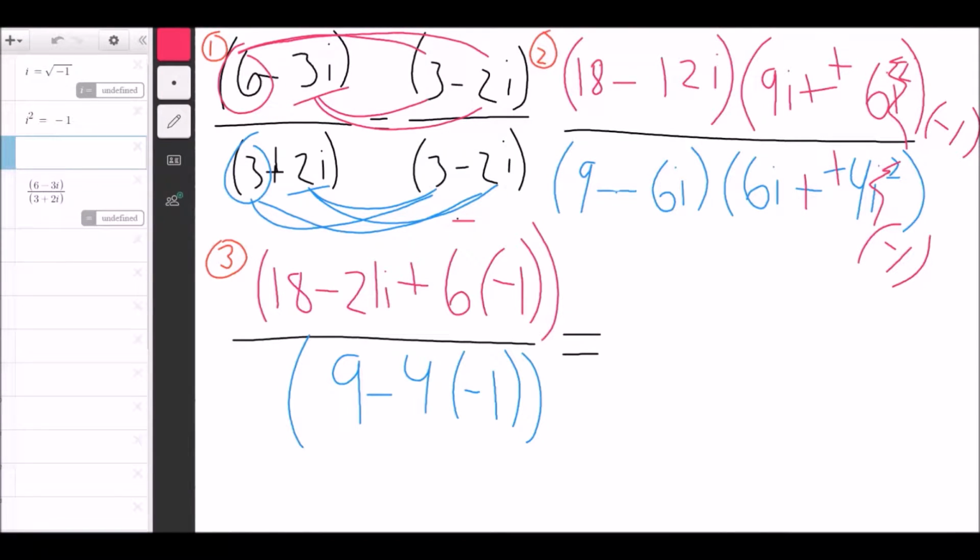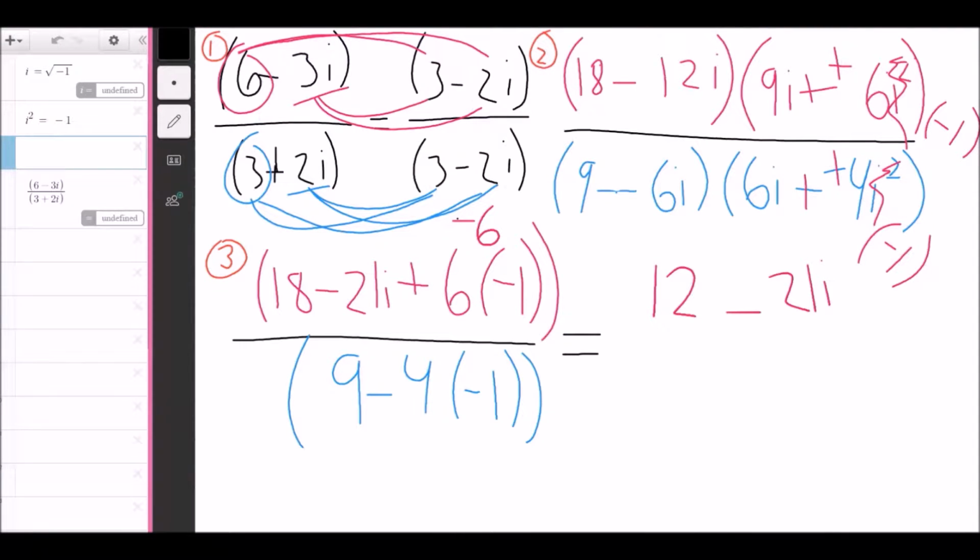Okay, so now we're going to continue simplifying and combining like terms. 6 times -1 equals -6. -6 plus 18 equals 12. And then you already have i, so it's going to be minus 21i.